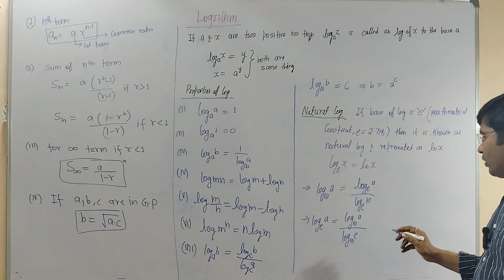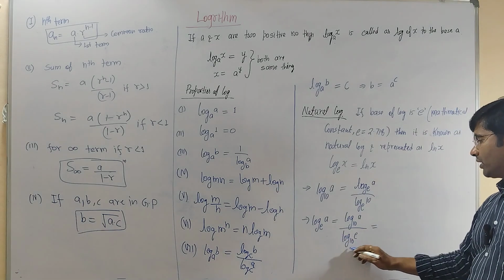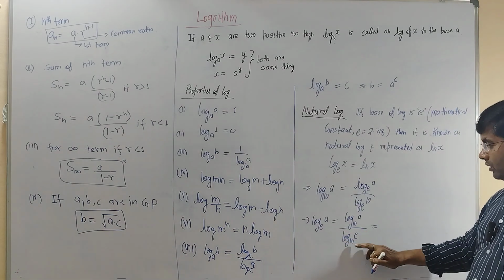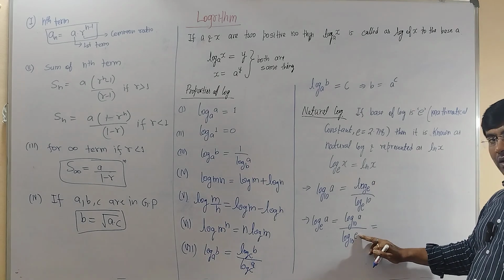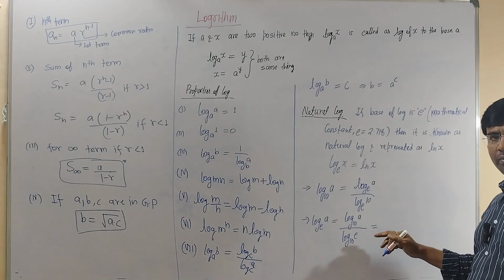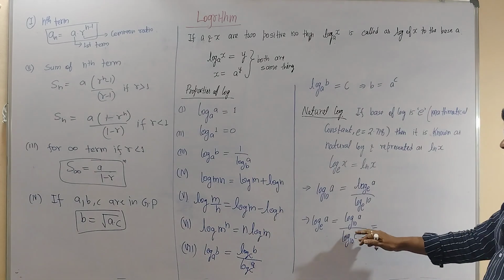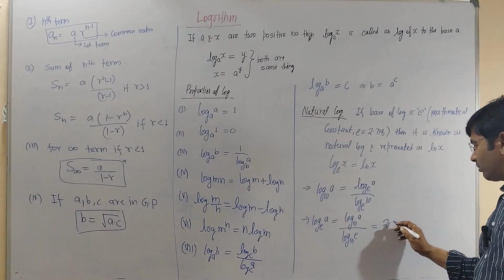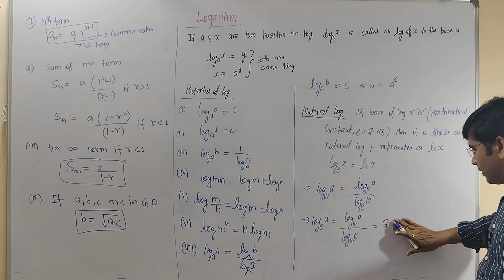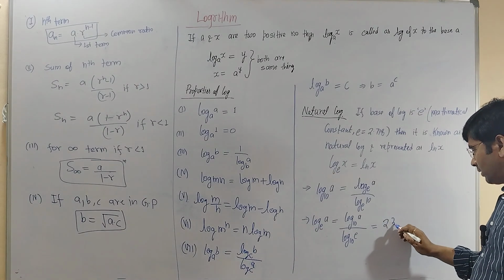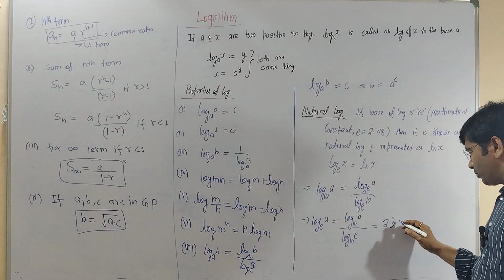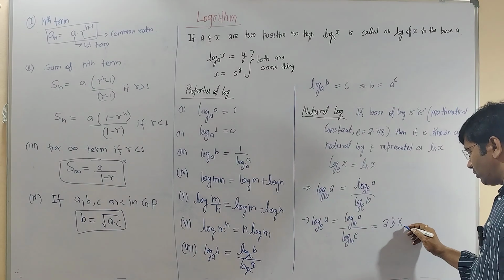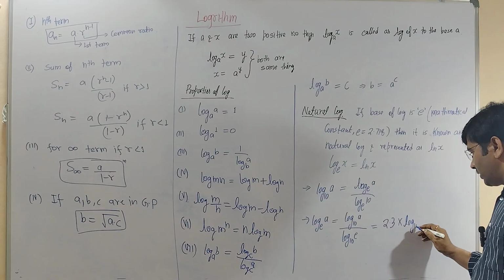This value log base 10 e is something like 0.4343. So if I calculate, it will become 2.3 close, we can take it into log base 10.